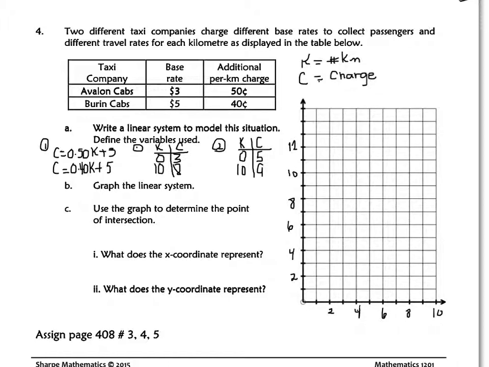And then when we plot our points, we've got 0 goes with 3 for the first one, 10 goes with 8. So that graph looks something like that. And that would be equation 1. And then the other one would be 0 with 5 and 10 with 9.